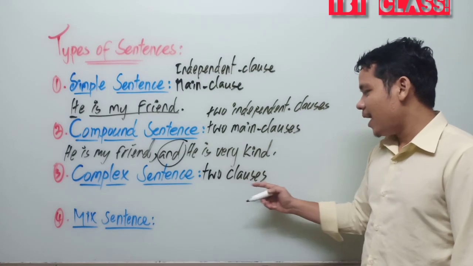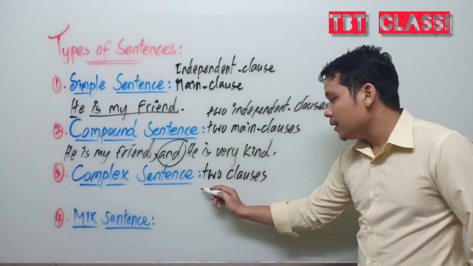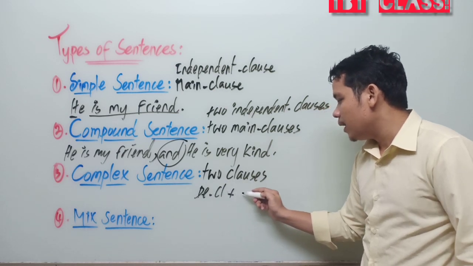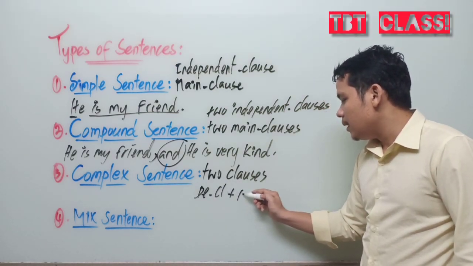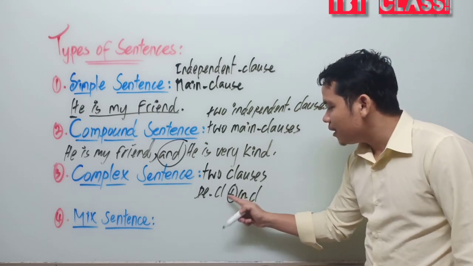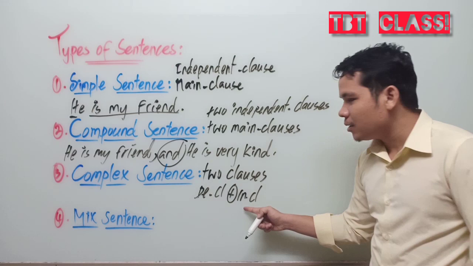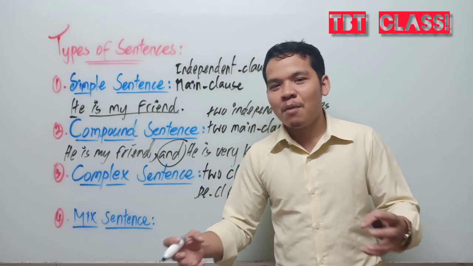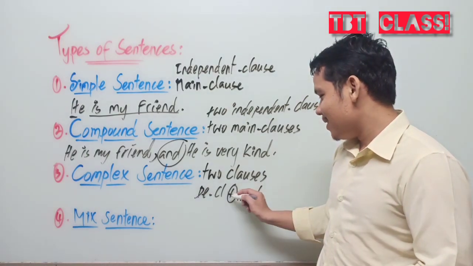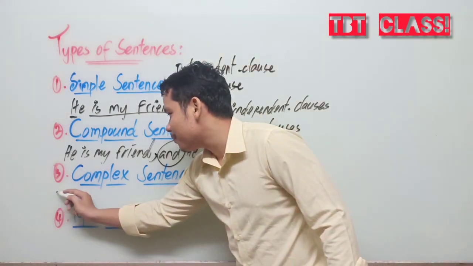So two clauses can combine a dependent clause with an independent clause. But between the dependent clause and the independent clause, the two clauses are combined by a subordinating conjunction.